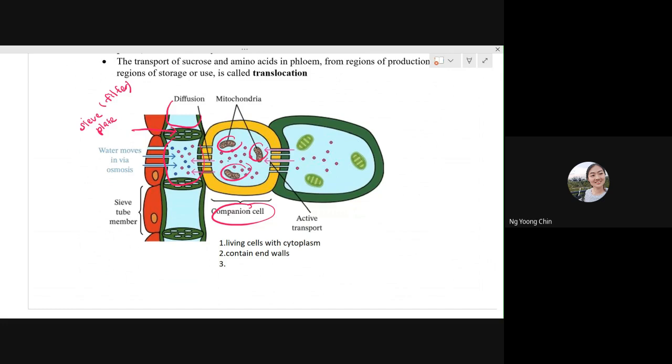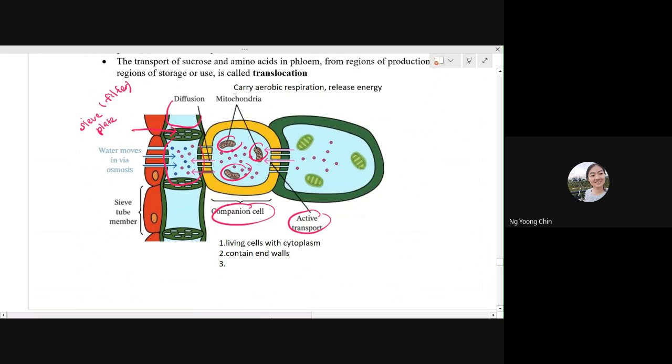What is the mitochondria's function? They carry out aerobic respiration and release energy. They need to release energy because they need to provide energy for active transport.